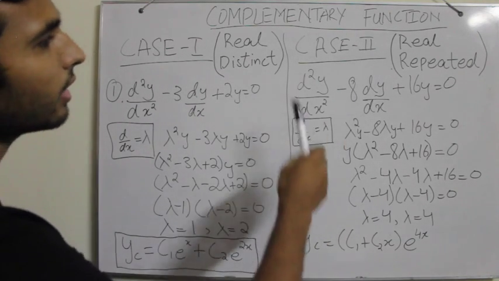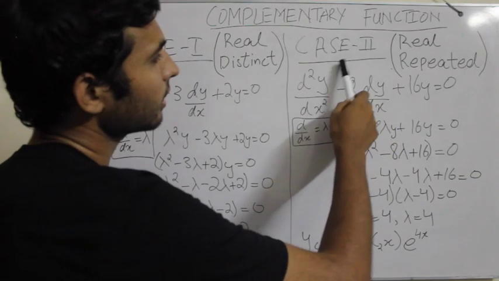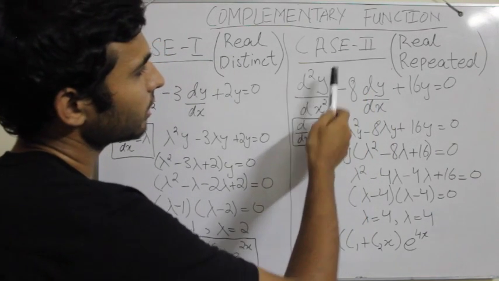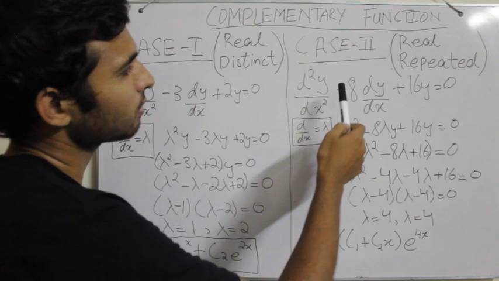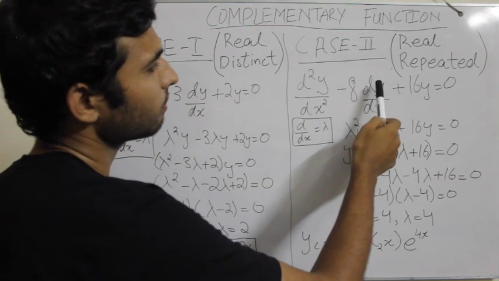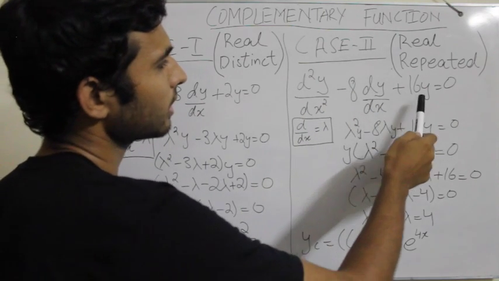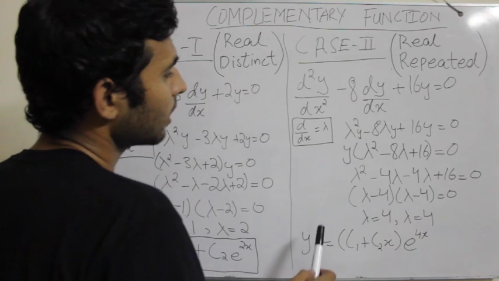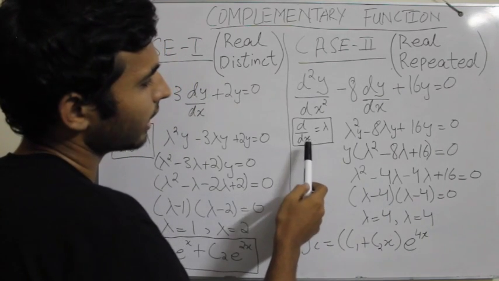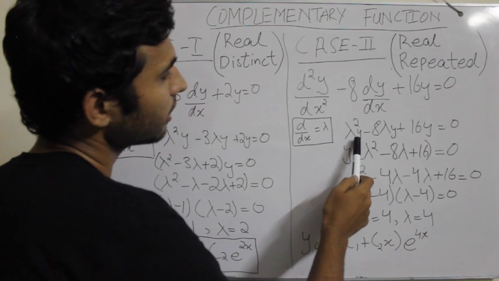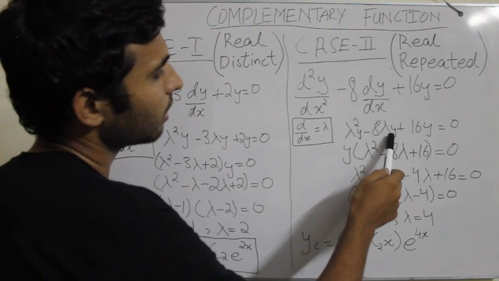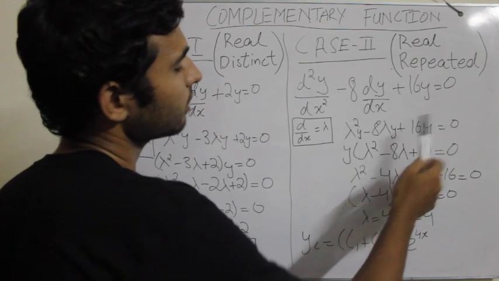Now this is for when roots are distinct. What if roots are real and repeated? Here comes case 2. The question for case 2 is that the second derivative of y with respect to x minus 8, the derivative of y with respect to x, plus 16y is equal to 0. Assuming the derivative with respect to x as lambda, our equation becomes lambda square y minus 8 lambda y plus 16y is equal to 0.